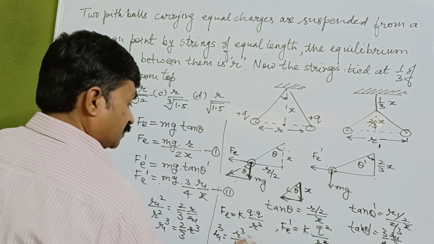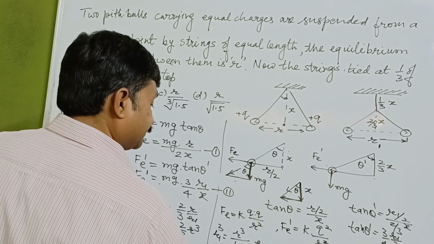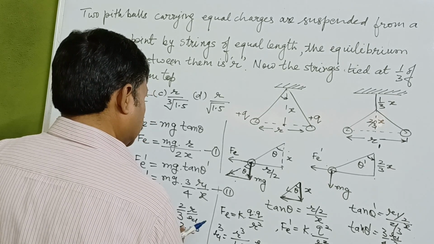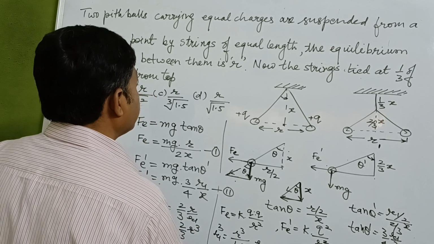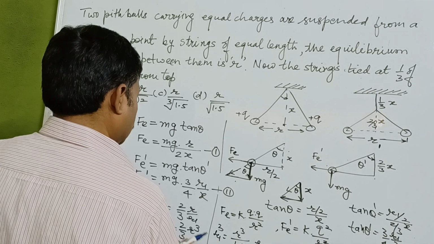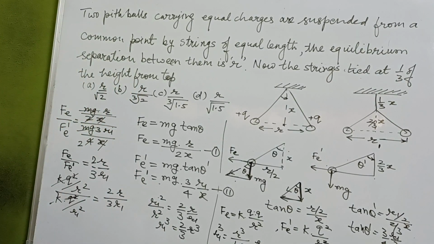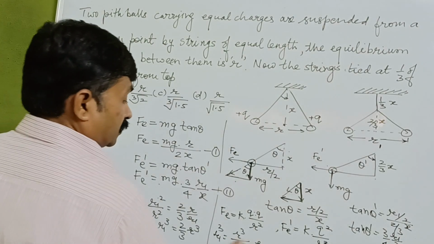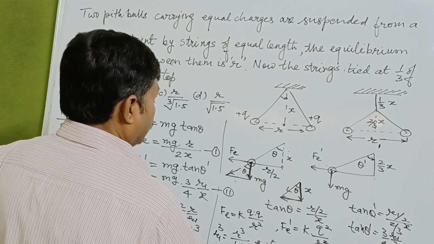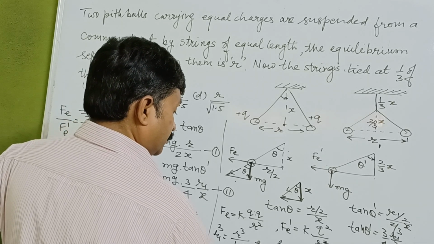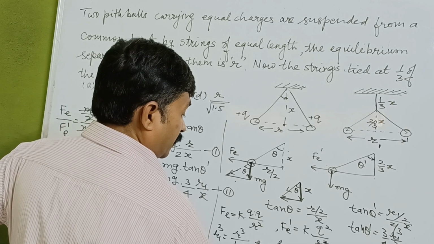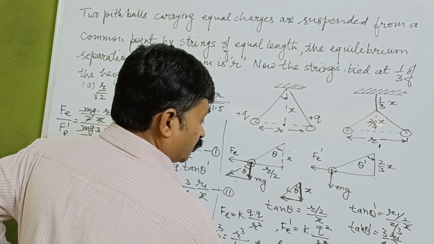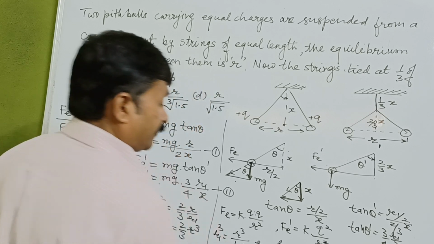Now the new separation that we are going to have, r1, is equal to r under root 1.5 cube, r cube root of 1.5.